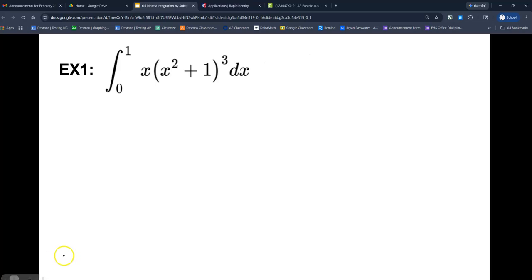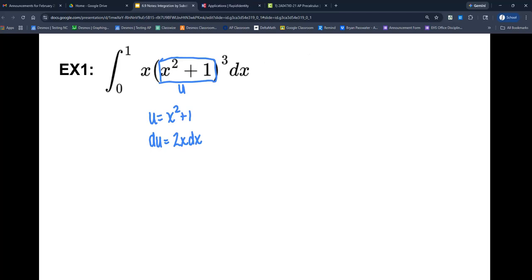So in this case, what does it look like we should use for our u? I would go with x squared plus 1 right here. So u equals x squared plus 1. And that means du is going to be 2x dx. Do I have everything I need for my du?